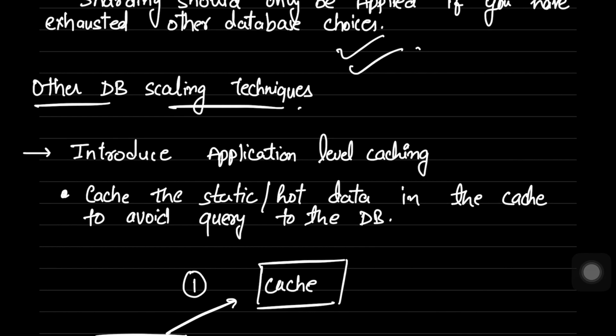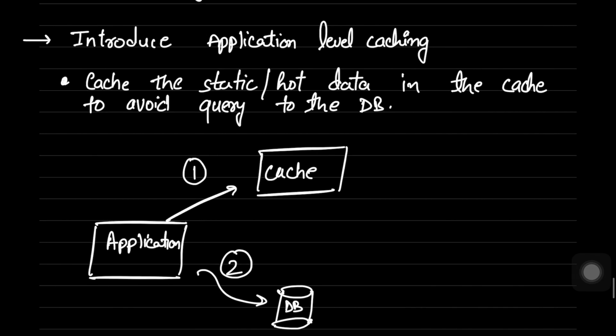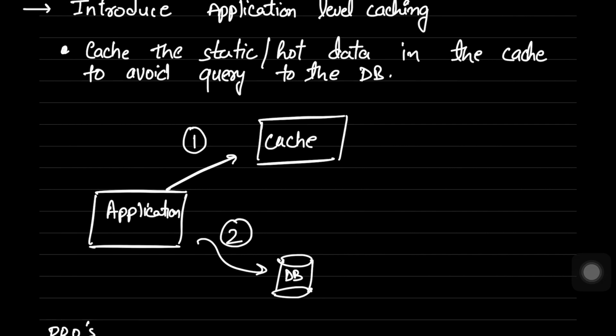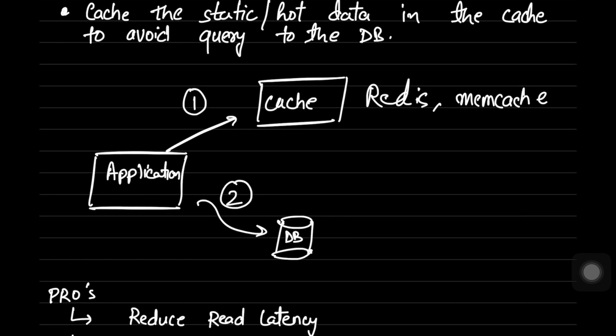Let's also talk about some other DB scaling techniques, which are not directly scaling your database, but other techniques which could avoid a lot of traffic on the database. One is application level caching. So what you do is you cache the static data, maybe in Redis or Memcache. When you are reading something, you first try to read it from the cache.